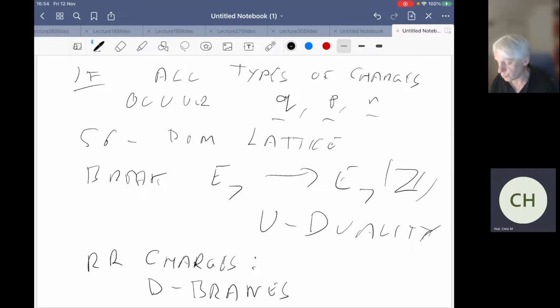They allow more general boundary conditions for the strings, and these D branes give rise to states carrying these Ramond-Ramond charges. Arguments based on this established that there really are states carrying these charges, and led to an understanding of the duality symmetry working in this way.